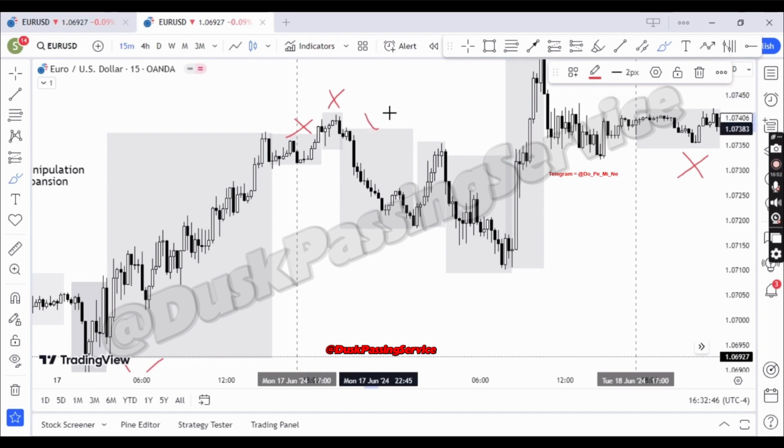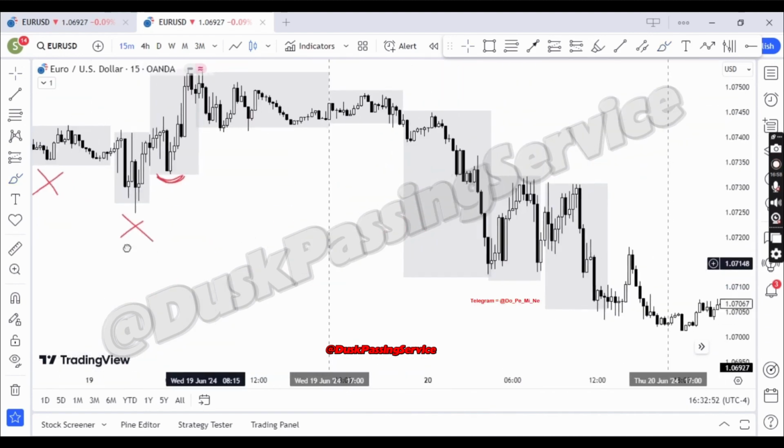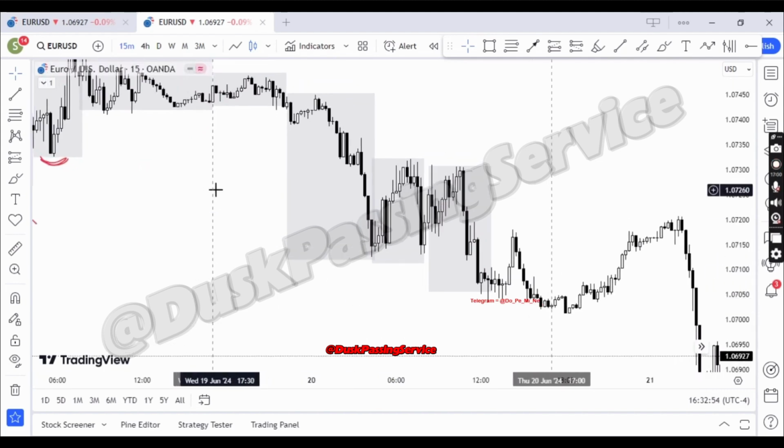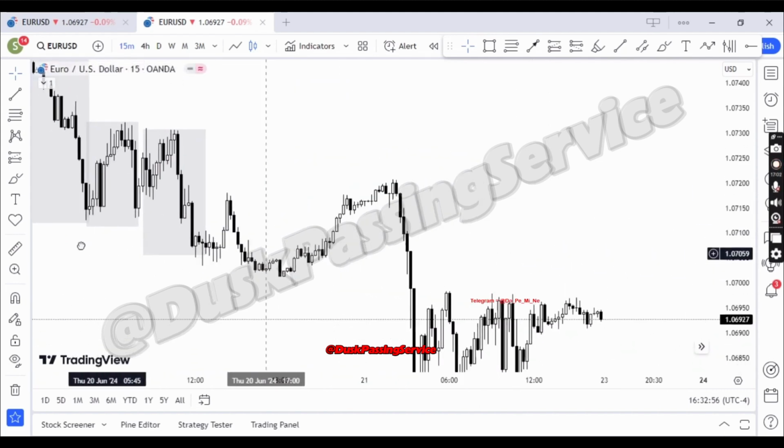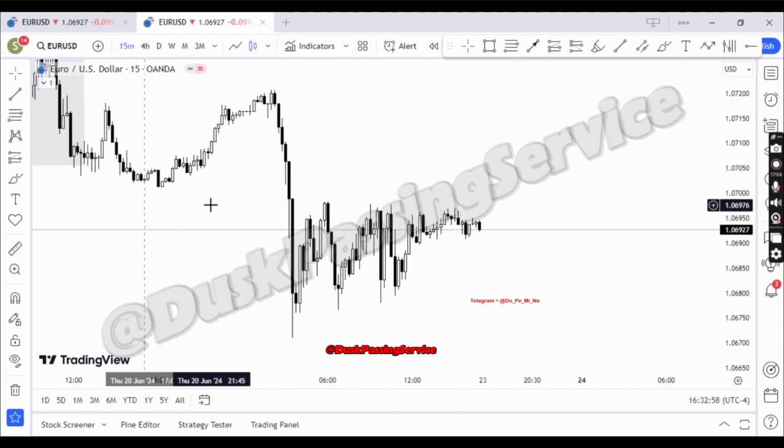Only the expansion profile and reversal profile from here, right? This is how you use market profiles with opening times to expect certain expansions or to avoid certain market conditions or certain market profiles based on past market profiles, right?